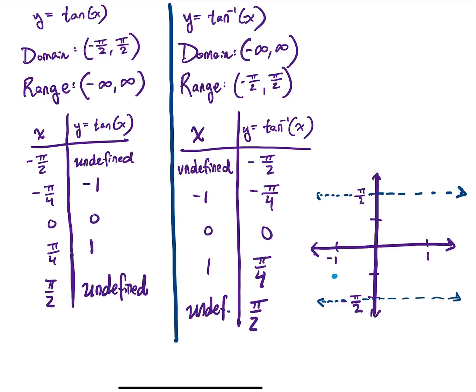So down here, 0, 0, and then +1, positive pi over 4. And then it will approach the asymptote on the top and the bottom. So this is our graph of the inverse tangent.